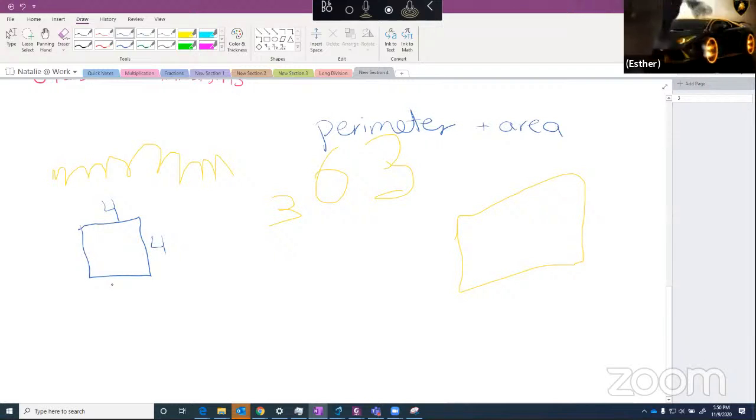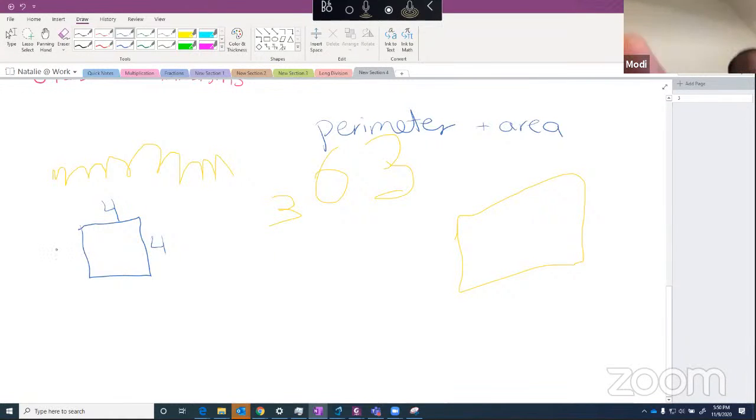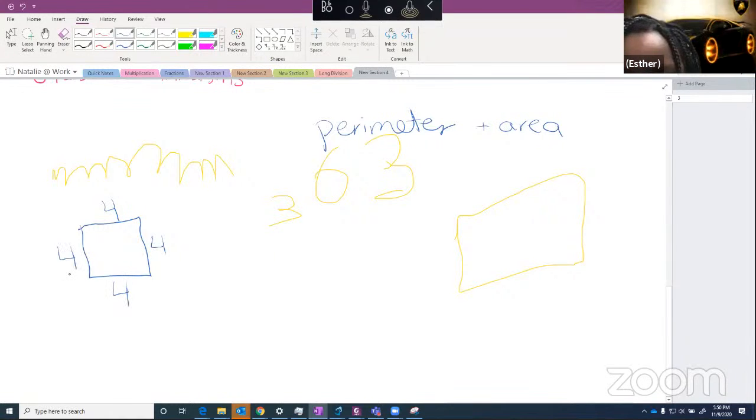And then we put the 4 on the bottom again, and we put the 4 on the other side. So after that, we add up all the sides. So 4 plus 4 plus 4 plus 4 equals 16. Yep.